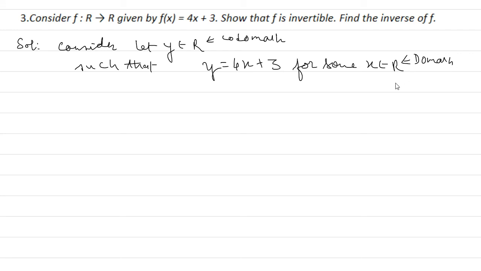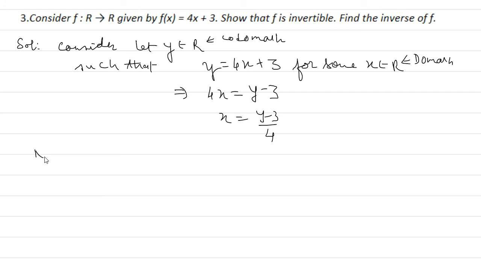This R is for the domain because here domain and range both are the same. This implies 4x is equal to y minus 3, or x is equal to (y minus 3) by 4.